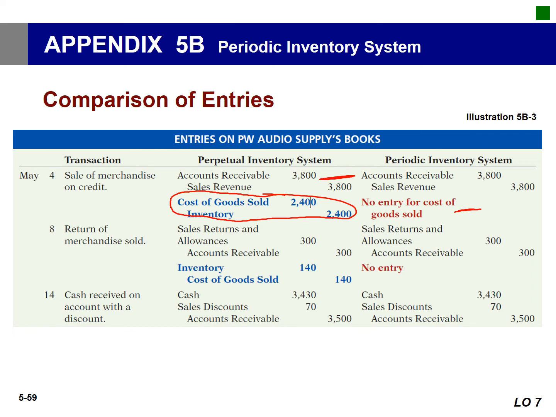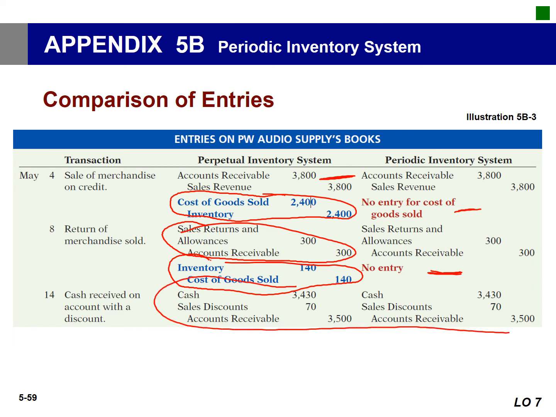And then if there's a return of merchandise or if there's an allowance granted, both parties are going to debit sales returns and allowances, and credit accounts receivable, but the perpetual system is going to add that inventory back to their inventory account, and they're going to credit cost of goods sold that the periodic system does not. And then, of course, when the cash is received on account with a discount, both parties record that entry exactly the same.